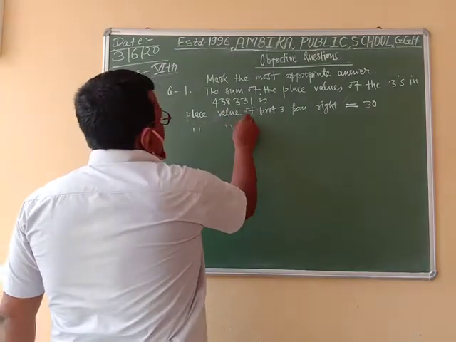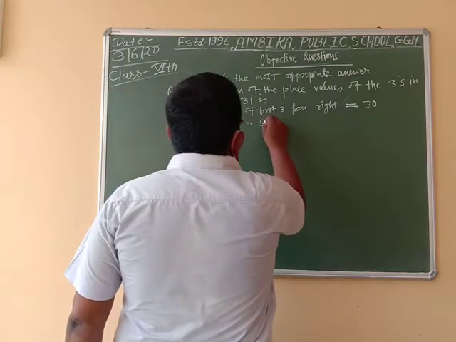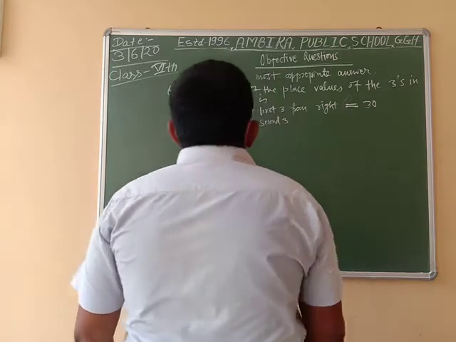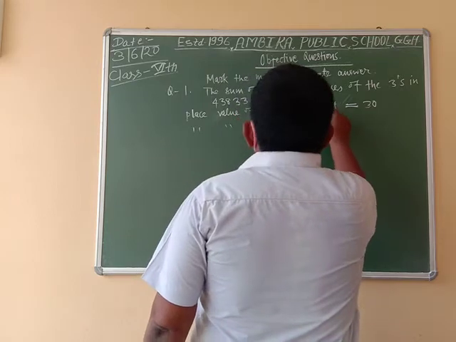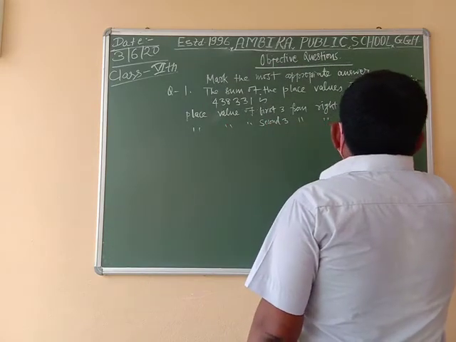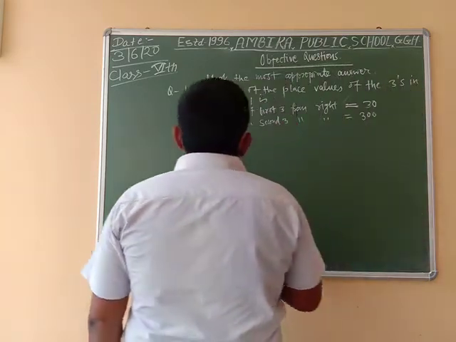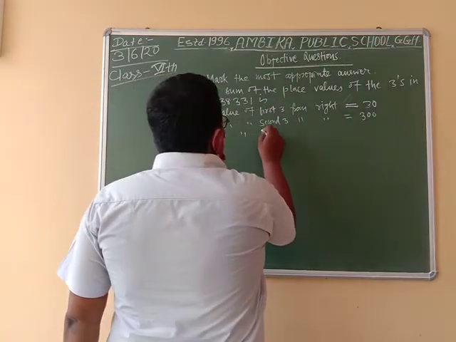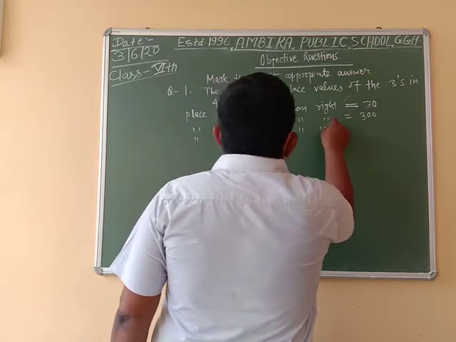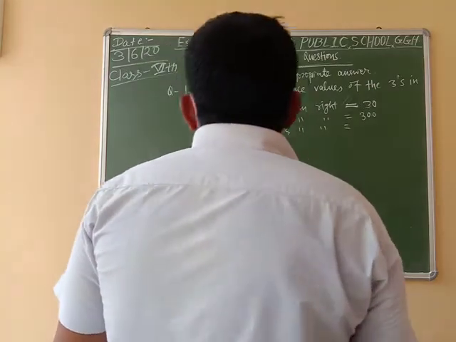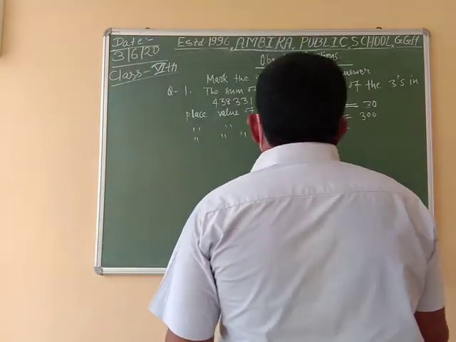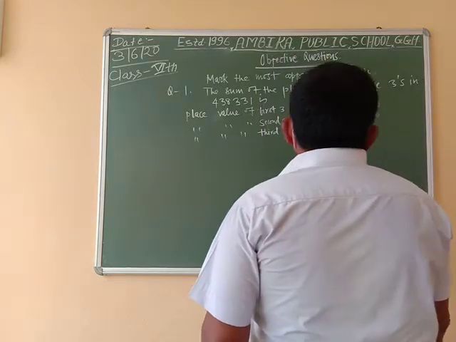Place value of the second 3 from the right is equal to 300, and the place value of the third 3 from the right, it is in the position of 1000, so the place value of 3 is 3000.